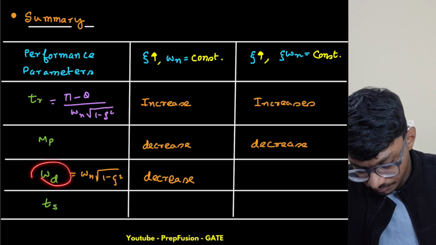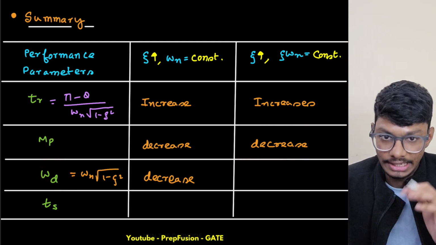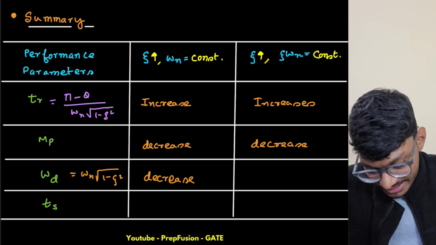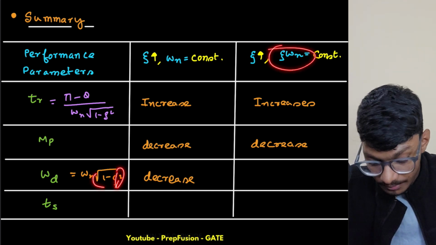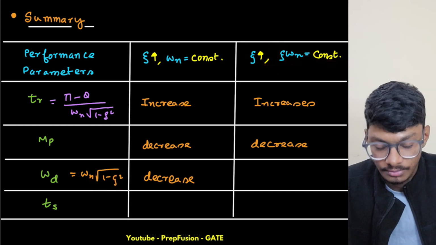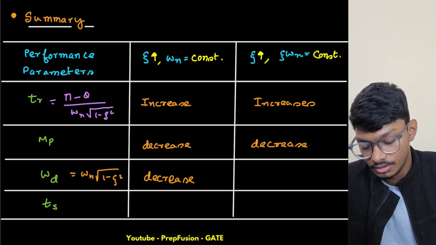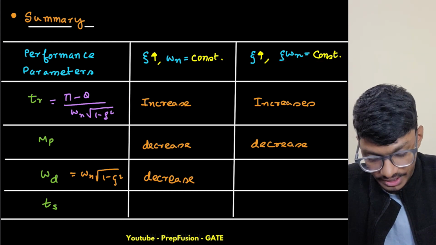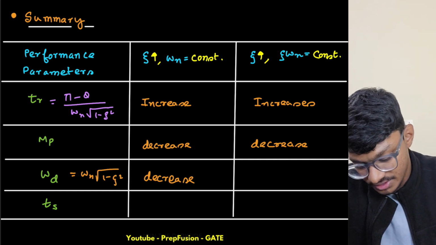Okay, now what is happening to this? If zeta is increasing, this thing will reduce, but my zeta omega n is constant. Why is this constant? Because this is about the real part, right? The real part of where it is cutting. So this can tell us about the settling time. If my zeta omega n is constant, then obviously my omega n will reduce if zeta is increasing.